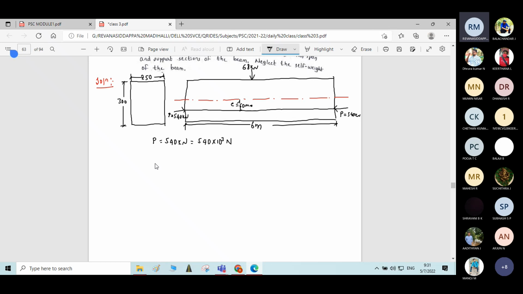Let me write the loading conditions along with the support condition for the calculation of the moment. The type of load given is a concentrated load at the center of the span section, that is 68 kilonewton.